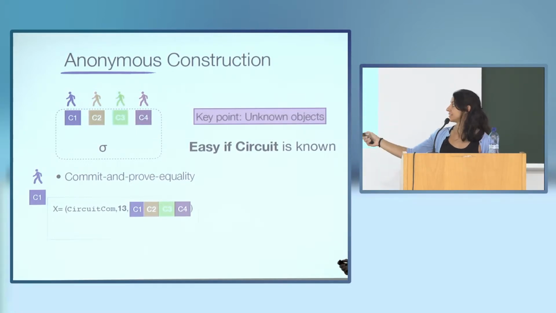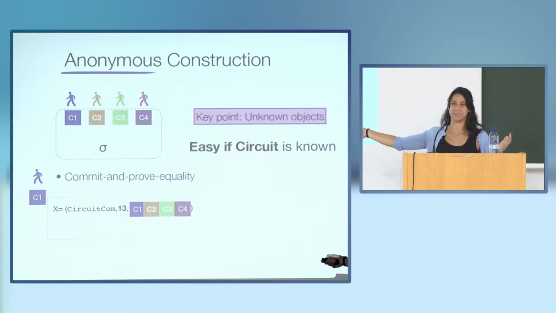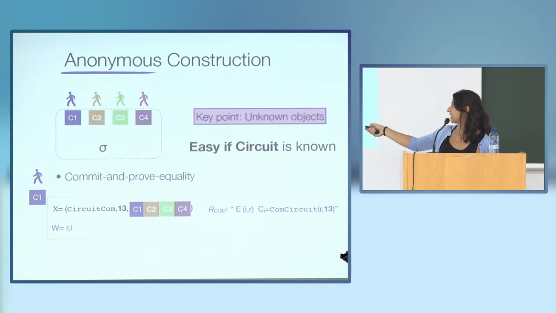My statement is the circuit of the commitment. Let's say I want to prove I know how to open one commitment to 13. 13 is part of the statement. All the commitments are part of the statement. And my witness is the randomness of one commitment. The relation I'm proving is that there exists an i, and I know a randomness such that, if you run the commitment circuit with this randomness and 13, you get one of the commitments.